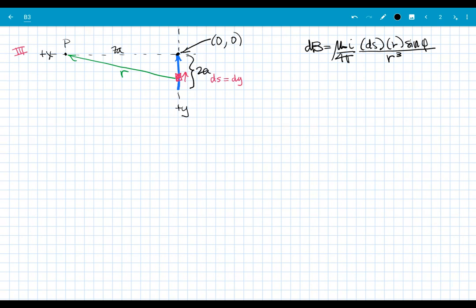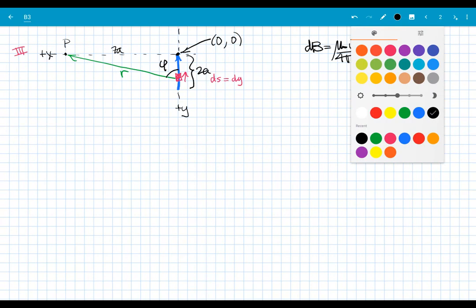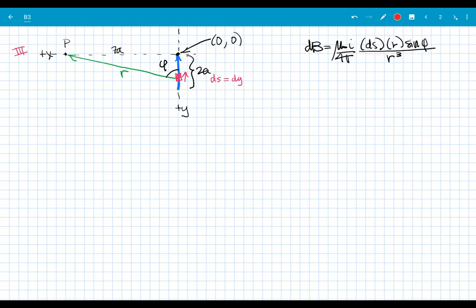And sometimes if someone's not paying attention, they might mark the wrong angle in their diagram. So always remember what it is that you're trying to express: a cross product between 2 actual vectors in space. So that would be my phi for this case there. And then for this one, let's stop right now and figure out our dB direction.